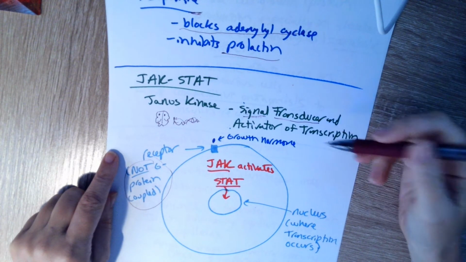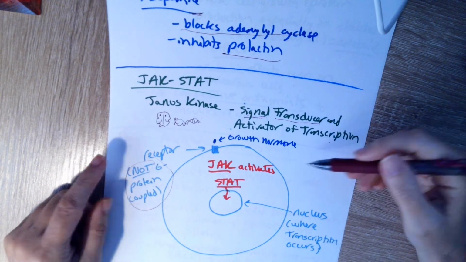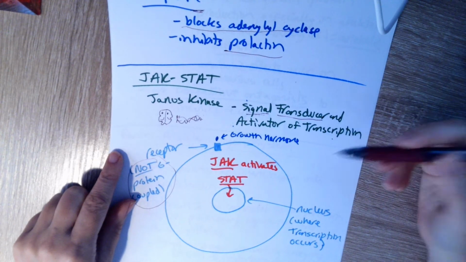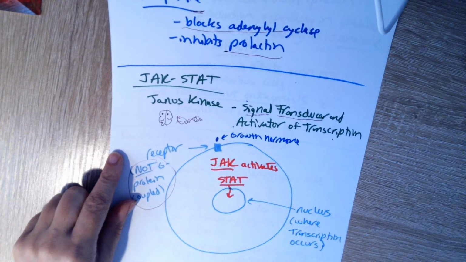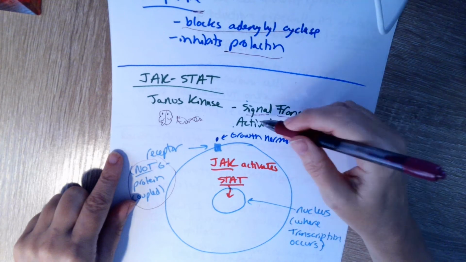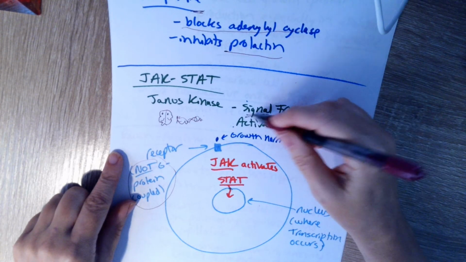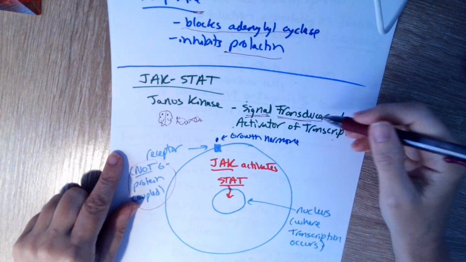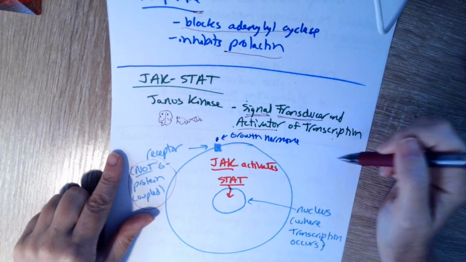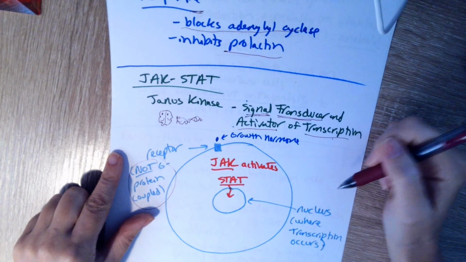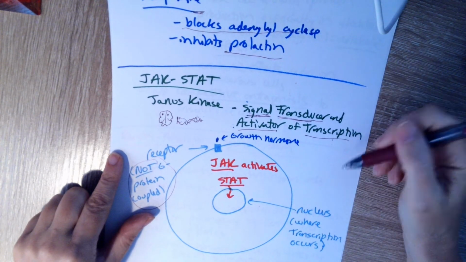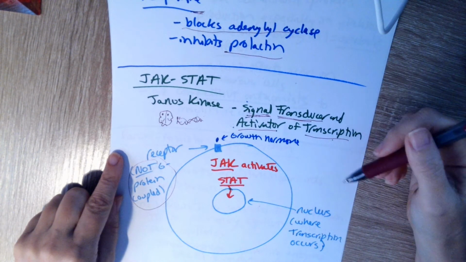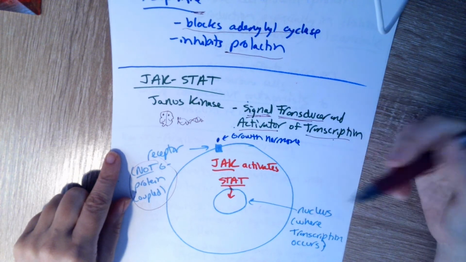It's how you change whatever the signal is into something that you can understand, because you can't look at a radio wave and hear it, you have to change it. So this is changing that hormone signal into something the cell can understand. And what it's going to do then is activate transcription, which is production of proteins, making cellular structures, making the cell grow.